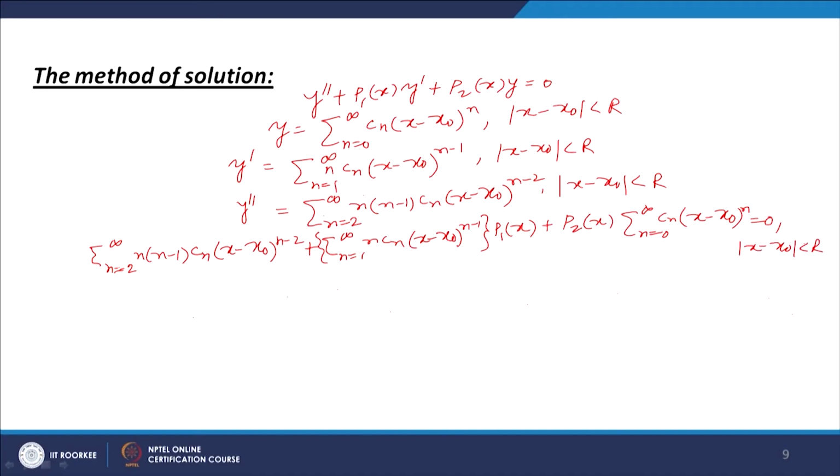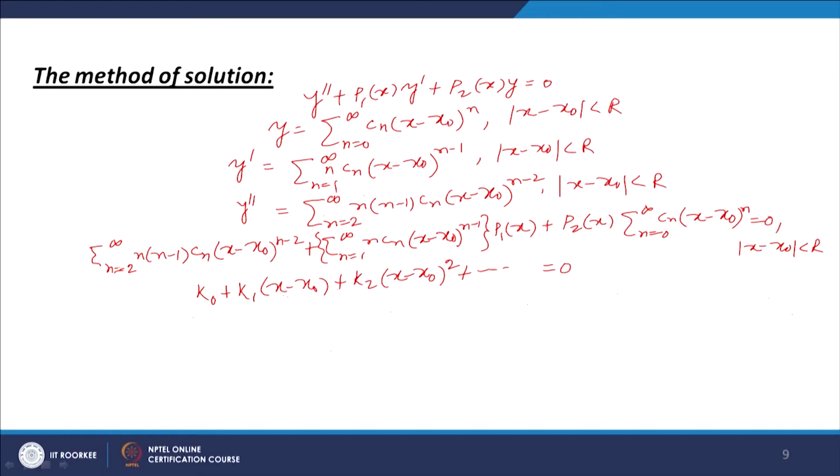Then we will collect the coefficients of various powers of x minus x naught, and we will have, say, k naught plus k1 (x minus x naught) plus k2 (x minus x naught)^2 and so on equal to 0. These k naught, k1, k2 will depend on the coefficients C_n of the power series.